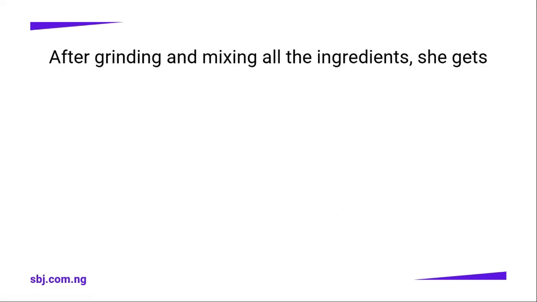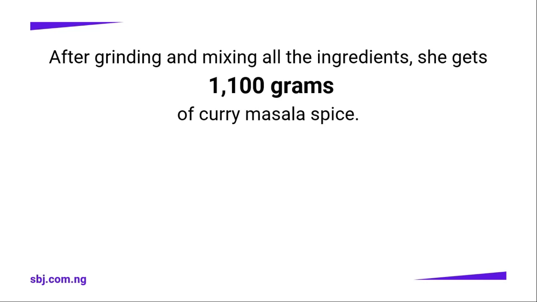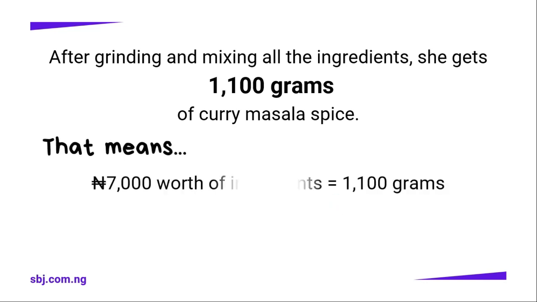After mixing and grinding all the ingredients, she gets 1,100 grams of curry masala spice. That's wonderful. And that means that using 7,000 worth of ingredients, the fenugreek, the cumin seeds and all, she got 1,100 grams.